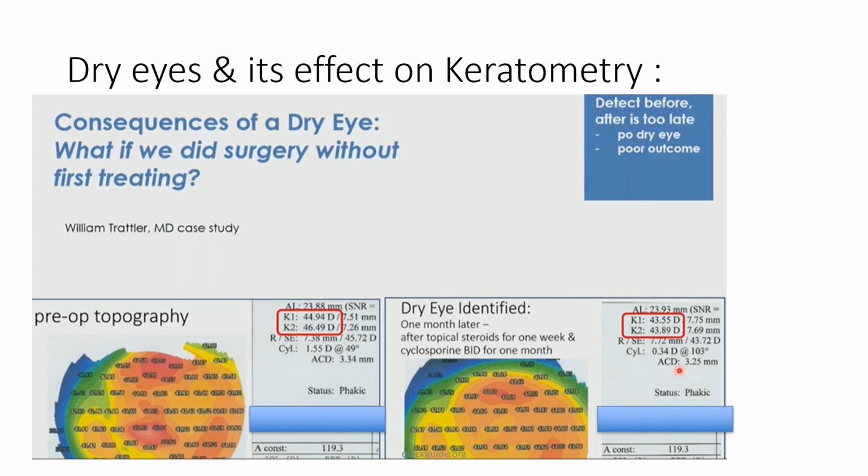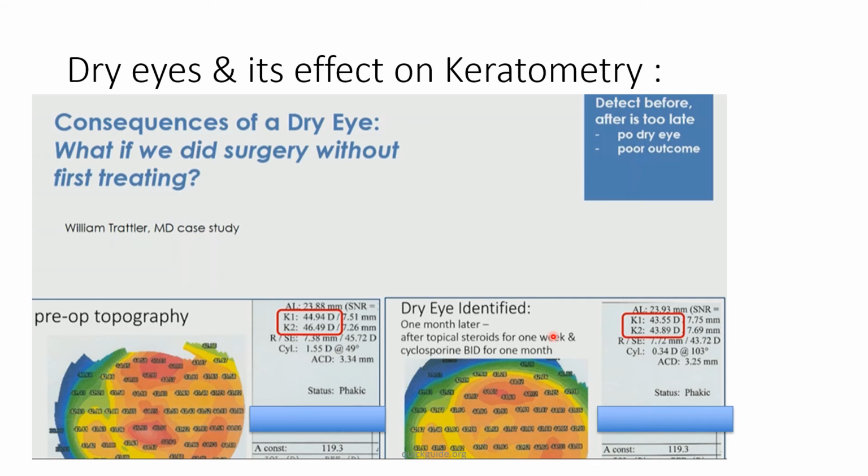So you can see that for this patient, the entire cylinder was actually not because of astigmatism, but because of the dry eyes. And the patient could have had very bad refractive outcomes had a toric lens been implanted in the patient without identifying dry eye.